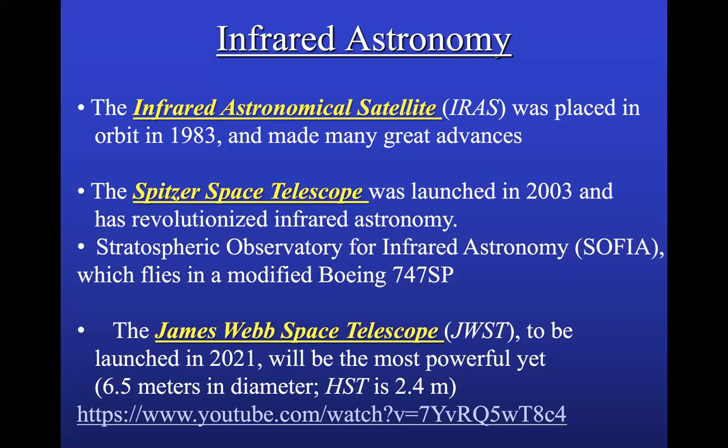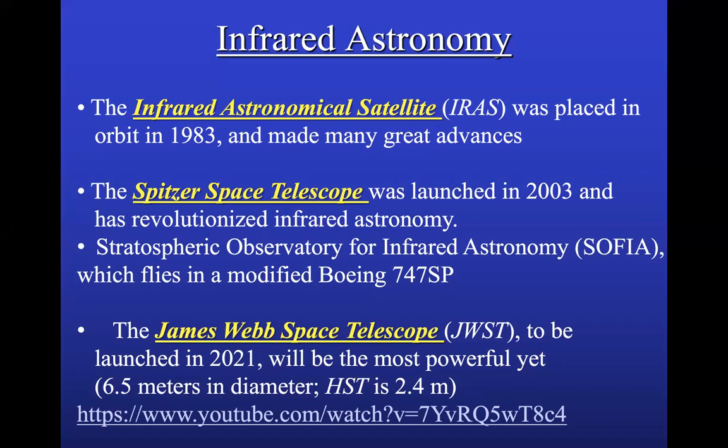Maybe some of you have heard about it as well. It was launched in 2003 and has revolutionized infrared astronomy. Remember that all these telescopes are in space, because infrared wavelengths cannot be observed from Earth.